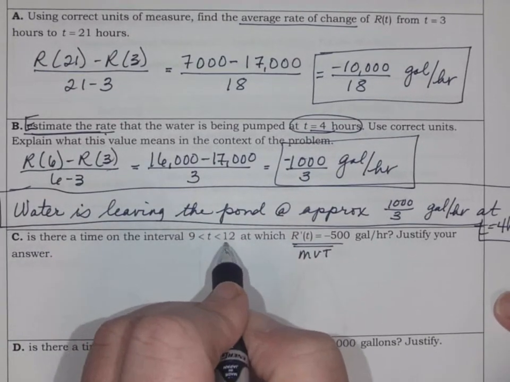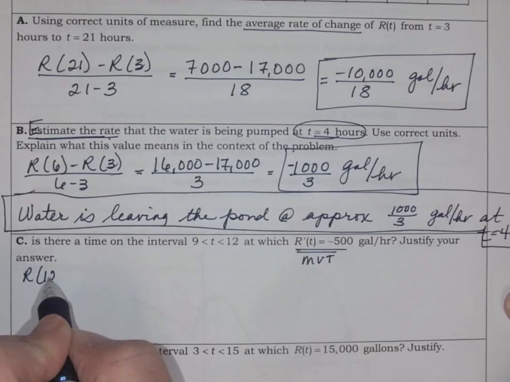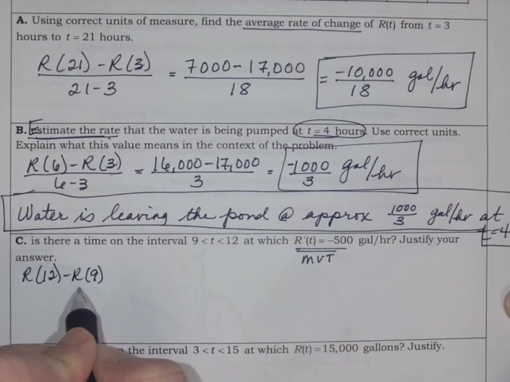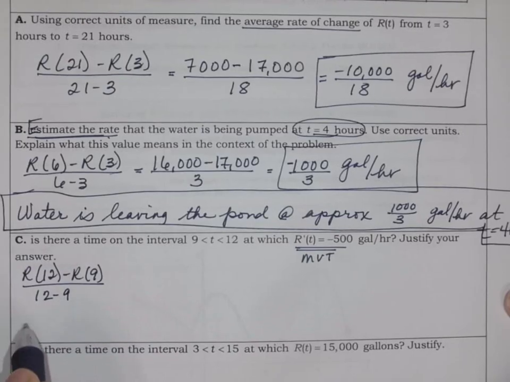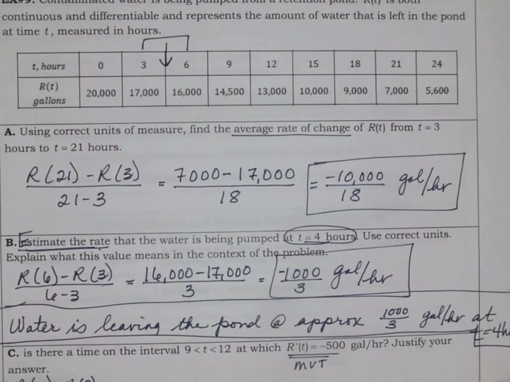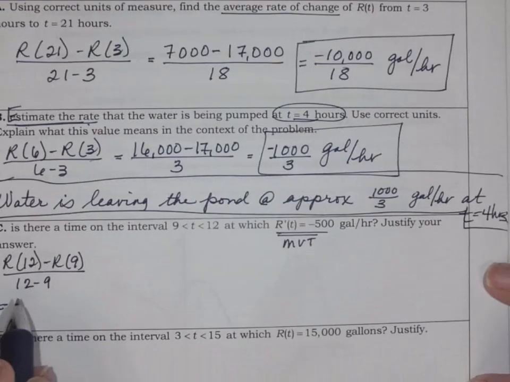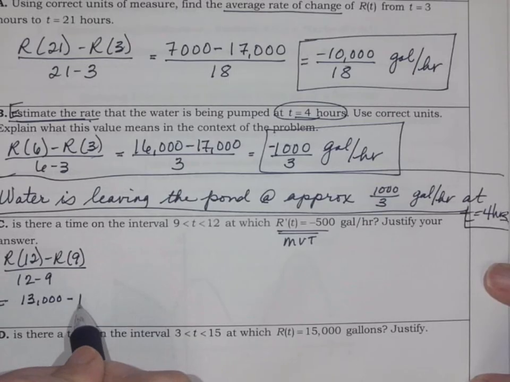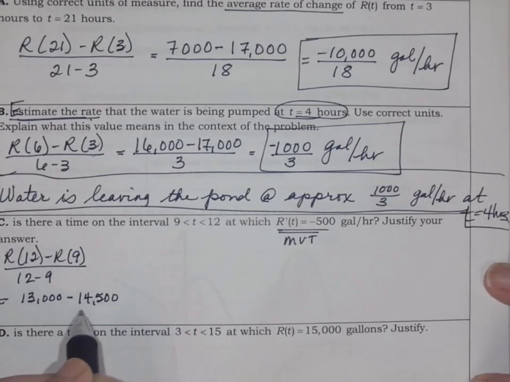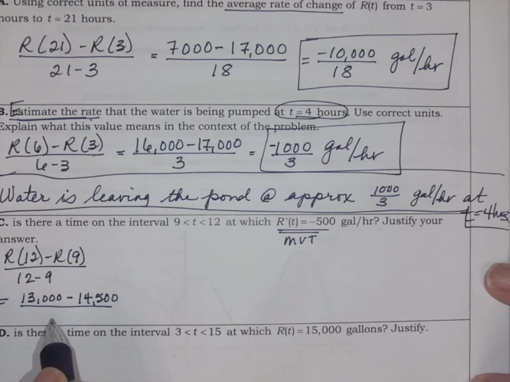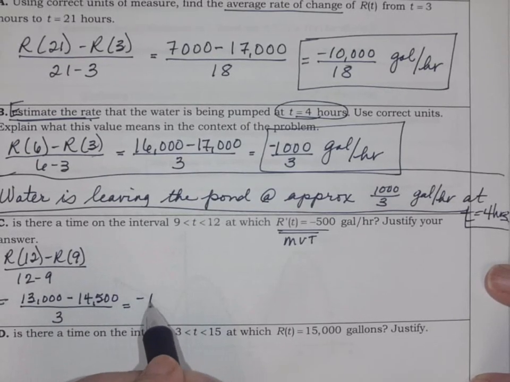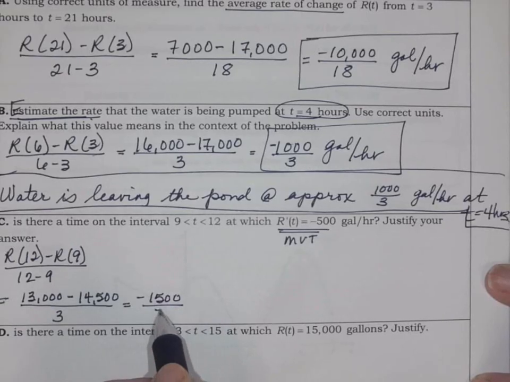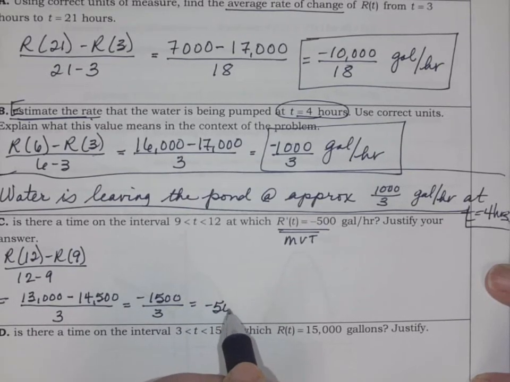My interval is from 9 to 12, so I'm going to do R of 12 minus R of 9 over 12 minus 9, which is going to equal, let's see, R of 12 is 13,000 minus R of 9 is 14,500, all over 12 minus 9, which is 3. So that would leave us with negative 1,500 over 3, which is a negative 500.